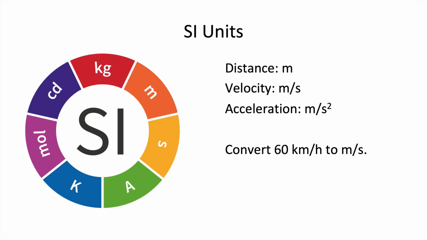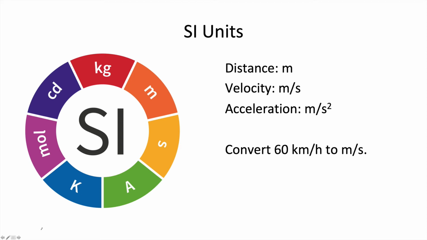Okay, now as we go on in physics, SI units are going to be really important. SI units are Système International, so they're an internationally agreed system of units that everybody uses, so that everybody can understand everybody else's results. There are 7 SI units, and every other unit can be made up from a combination of these units.